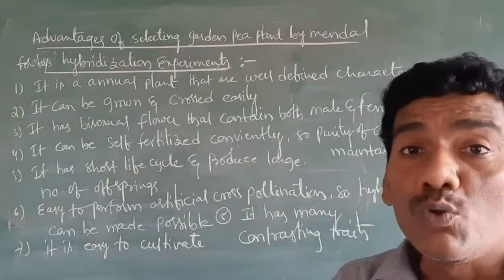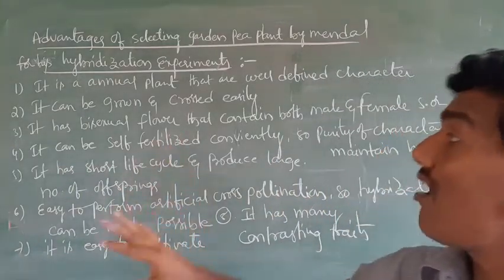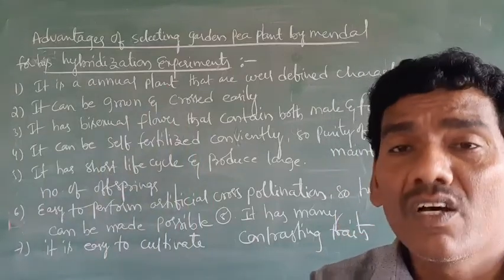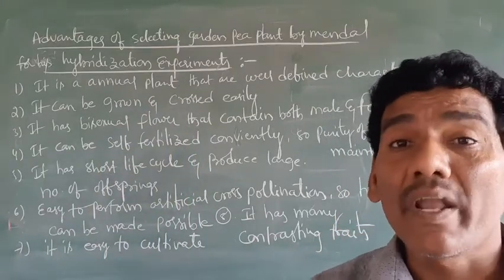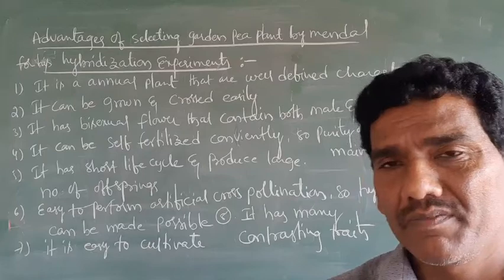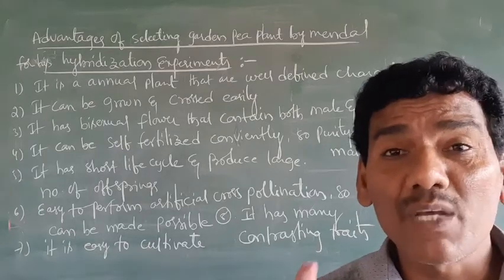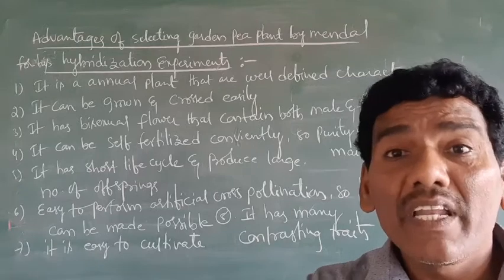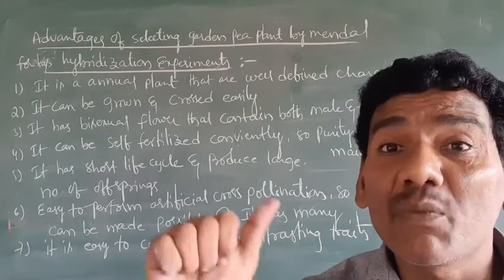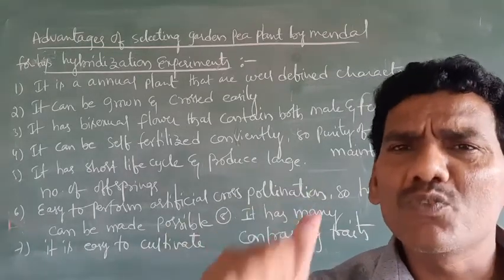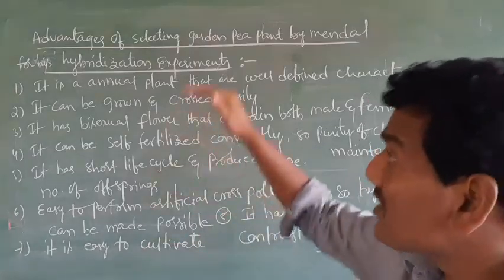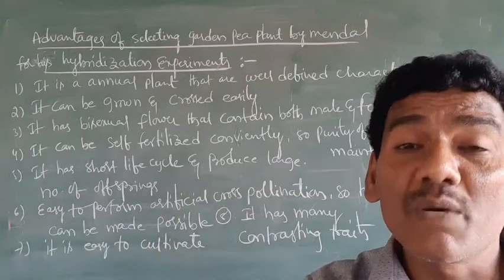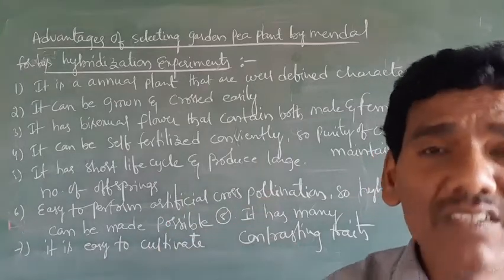Here, due to the presence of all these advantageous characters, Mendel chose the pea plant for his hybridization experiment. Definitely, so many advantageous characters are present in that pea plant. Otherwise, why would Mendel choose the pea plant? Due to the presence of all these advantageous characters, Mendel chose the pea plant for his hybridization experiment.